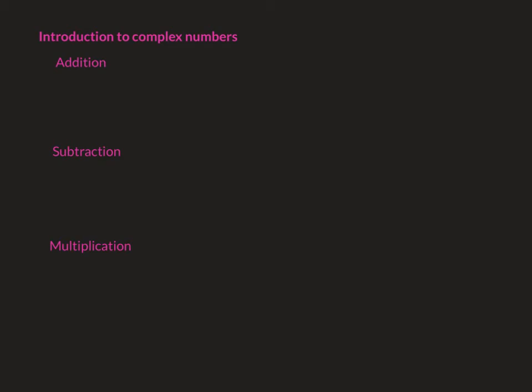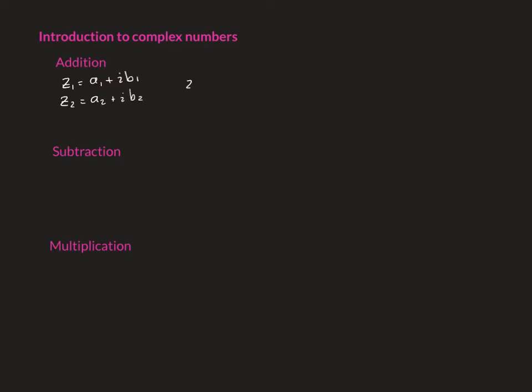So let's begin with addition. Let's consider two numbers. z1 is going to be a1 plus ib1, and a second number, z2, that has components a2 plus ib2.